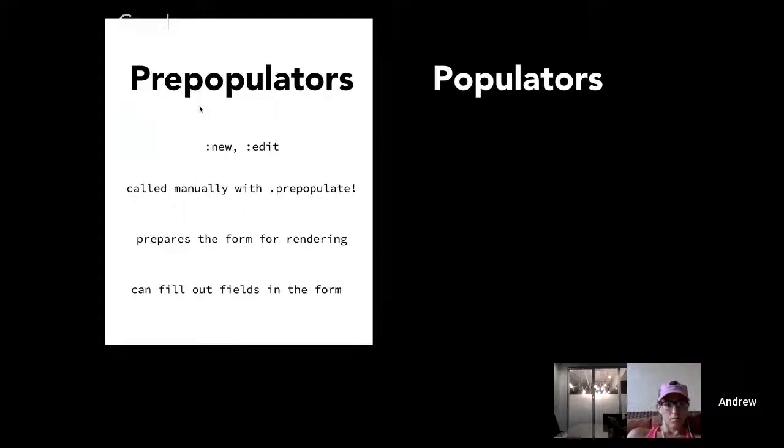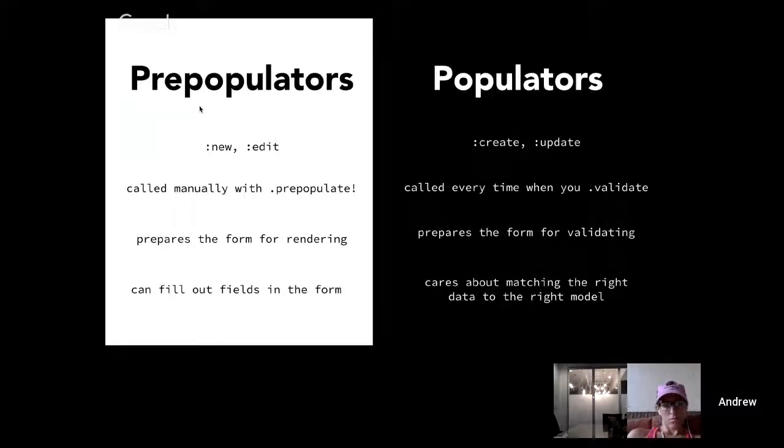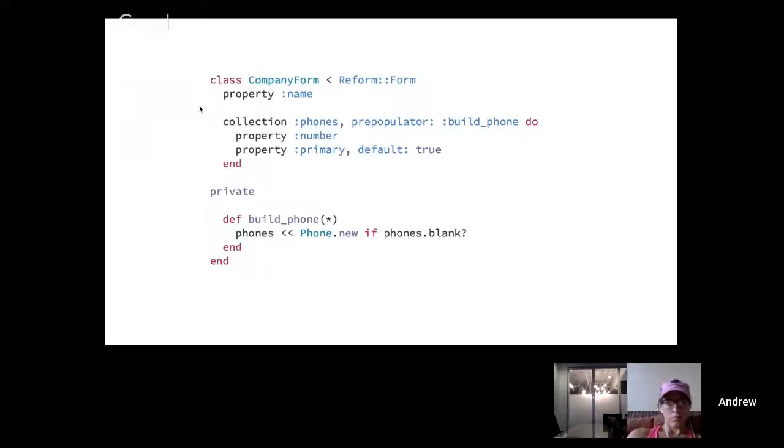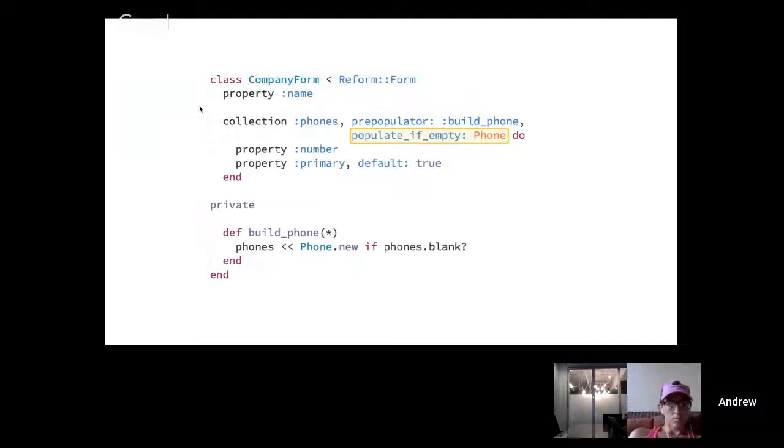You can also prefill form fields if you want, stuff like that. Populators you can think about as more the create and update methods. They're called every time you call .validate, and they're the kind of thing that prepares the form for validation. They care more about matching the right data to the right model. So we're going to need that for our phone here.